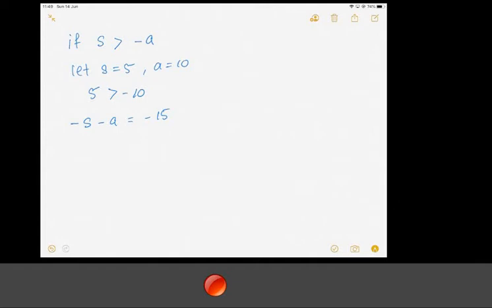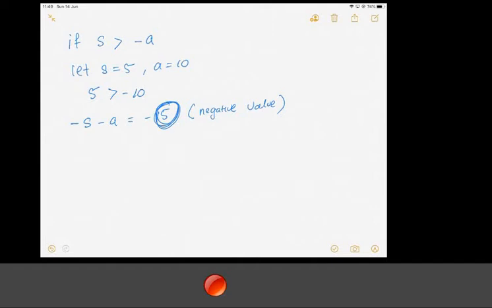We don't care about the exact value here. We just want either a positive value or a negative value. So it's a negative value.